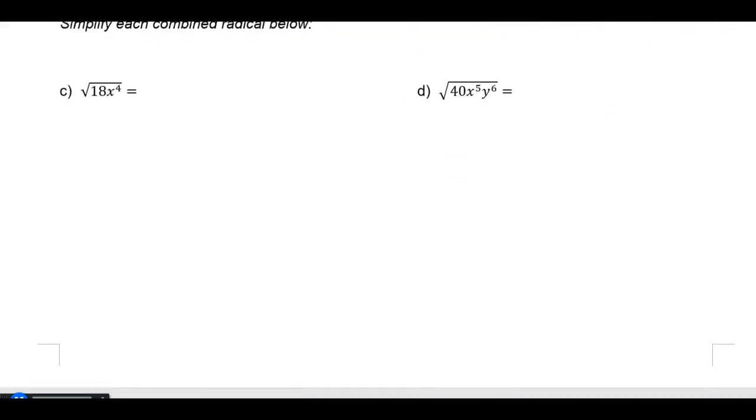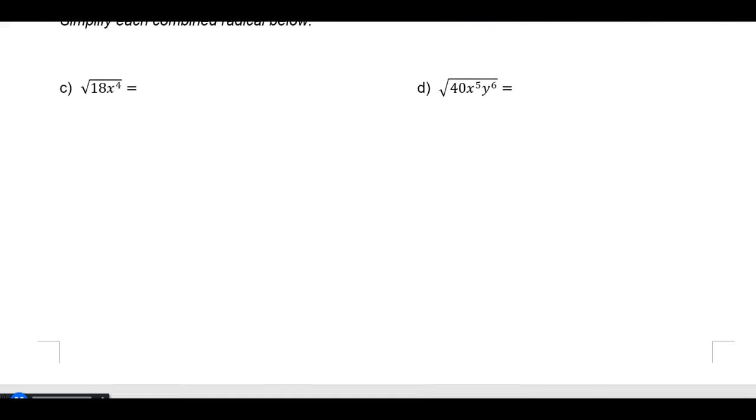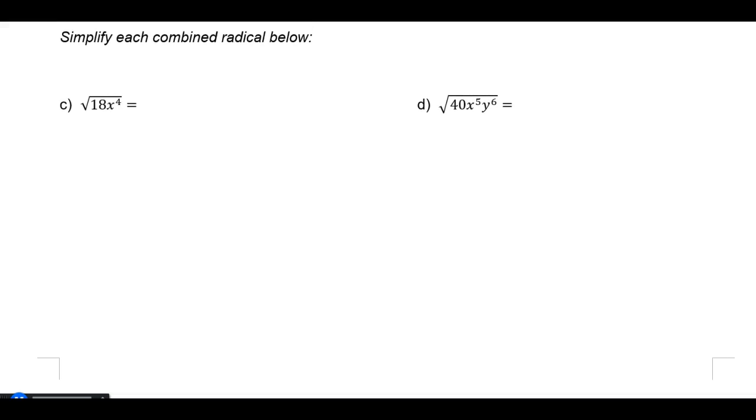Level 3. Only thing that's different is that it has a coefficient and an exponent. But it's just the same. 18, 2 times 9, and 9 is 3 times 3. So, 2, 3, and 3. So, boom, boom, 2 times 3 times 3 times 4 x's.